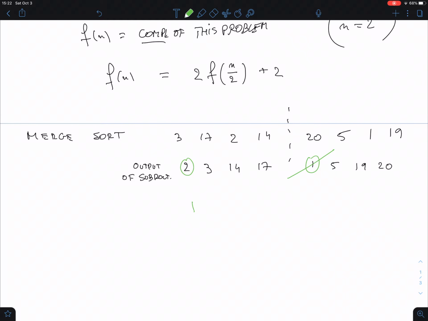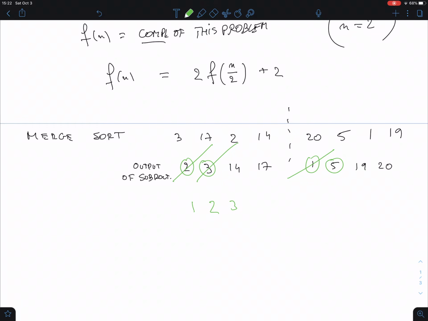I have two lists. This list, the left-hand side, and now this list has a new smallest element, 5. I compare those two, and I see that 2 is the smallest. So I put 2, and now I get rid of my 2. The smallest of this becomes now 3. Okay, now I compare 3 and 5. I see 3. Scratch it out.